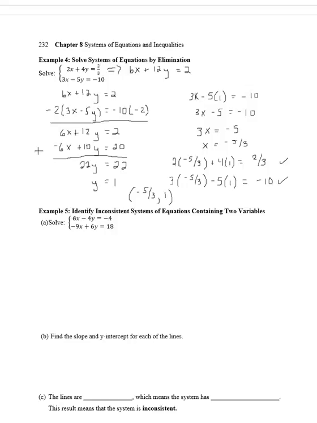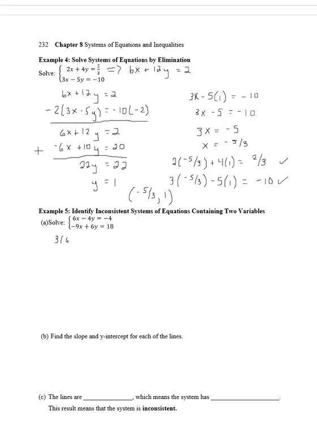Okay, so I want to eliminate the y's on this one, let's say. So the least common multiple of 4 and 6 is 12. So I need to multiply the top equation by a 3.